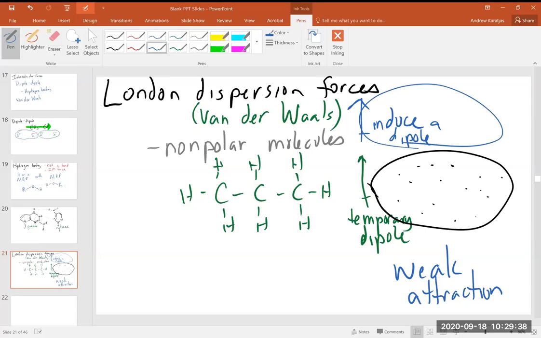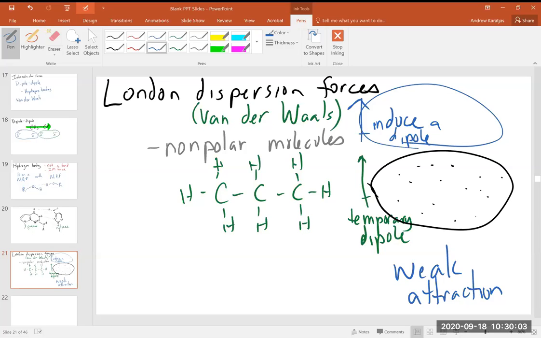All right. So what does this all have to do with melting points, boiling points of molecules? Well, the melting point or boiling point of a compound is controlled by how strongly the molecules are attracted to each other. Or in other words, how strong the intermolecular forces are.